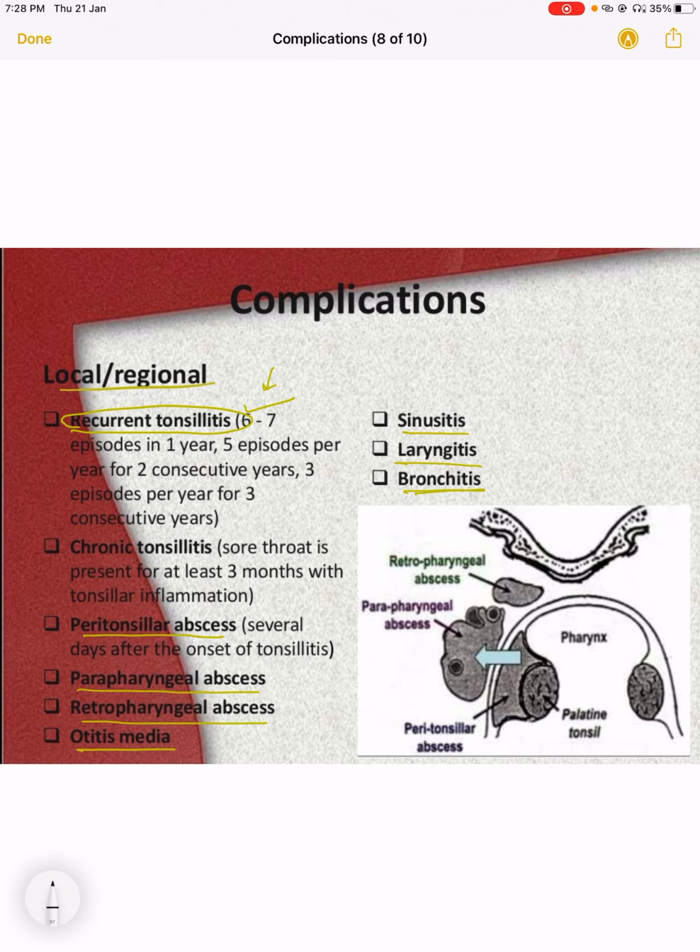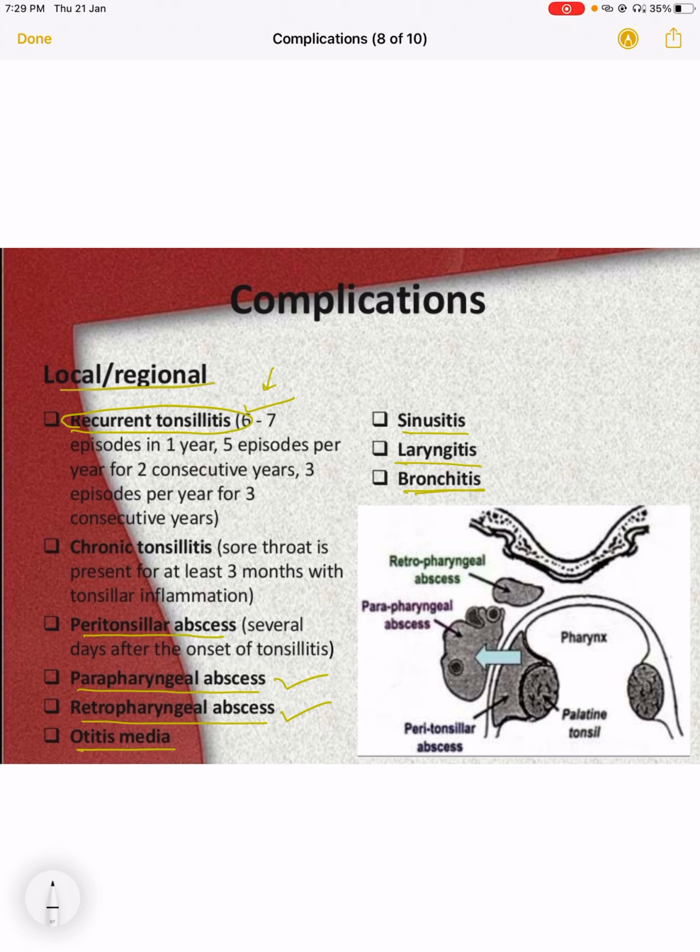If the infection goes to the peritonsillar space, it is known as peritonsillar abscess, otherwise known as quinsy. If it goes to the parapharyngeal space, it forms parapharyngeal abscess. If it goes to the retropharyngeal space, it forms retropharyngeal abscess.